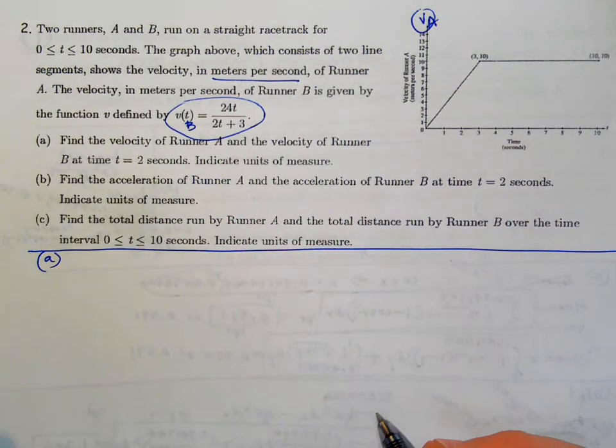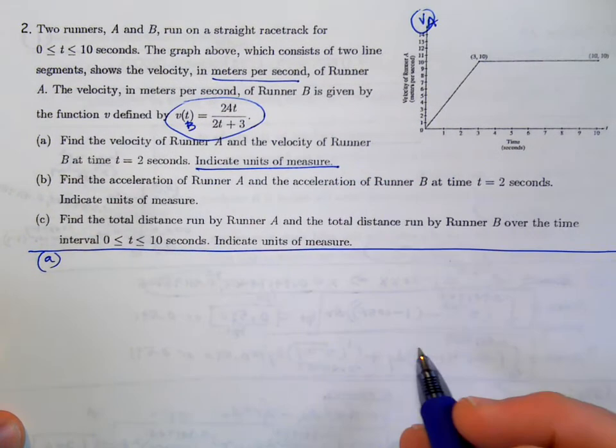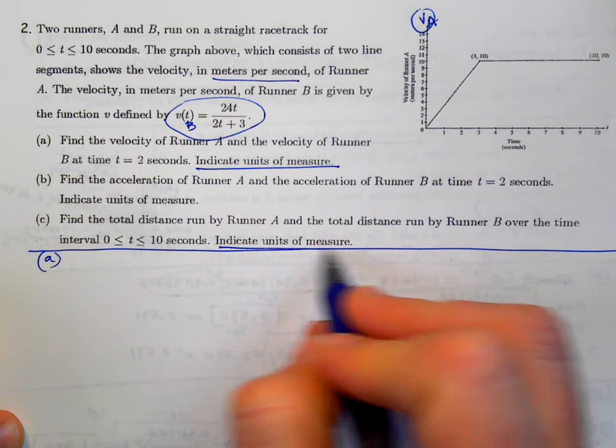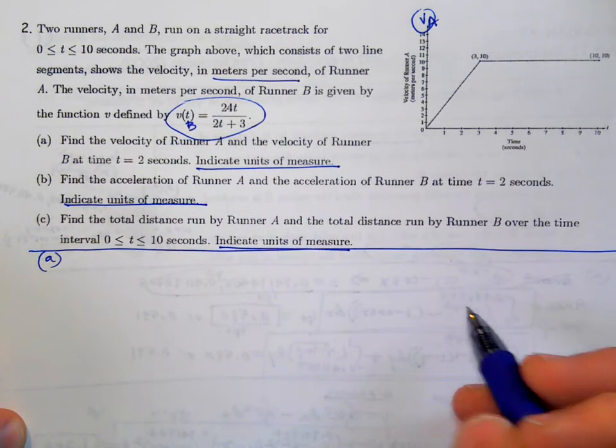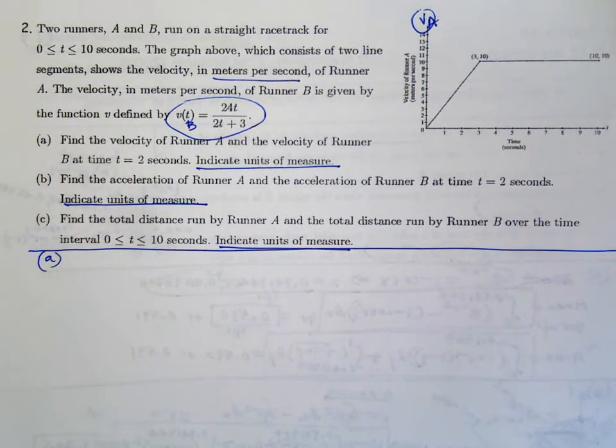Find the velocity of runner A and the velocity of runner B at t equals 2 seconds. Indicate units of measure. You're going to lose points if you don't put it. If you leave off units, you're going to lose unnecessary points, and that's going to be sad.